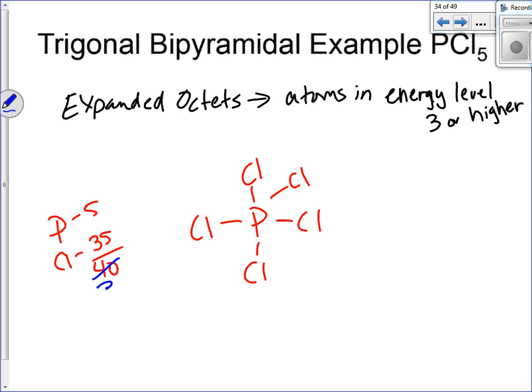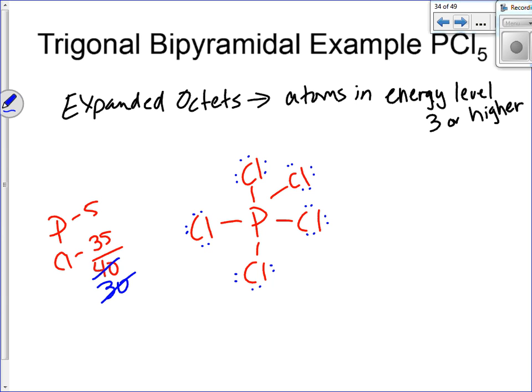I have 30 left. I have 5 things that need 6. So 5 times 6 is 30, so that's going to take up the rest of the electrons. Right? All done there.